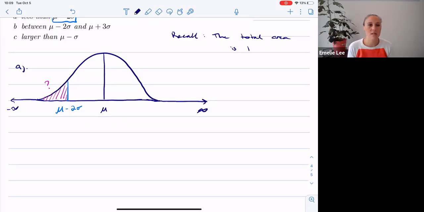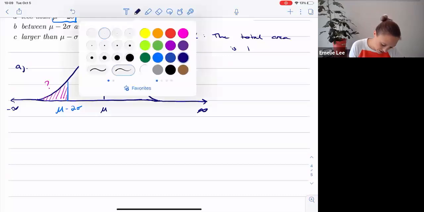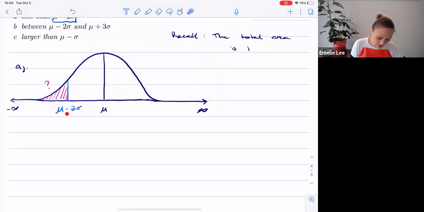Okay, and so here, if I want to go back to the problem that we're solving, and I know that mu minus 2 sigma is a cutoff that I'm interested in, then one thing I could do is I could go to mu plus 2 sigma. And what do I know from the 68, 95, 99.7 rule?